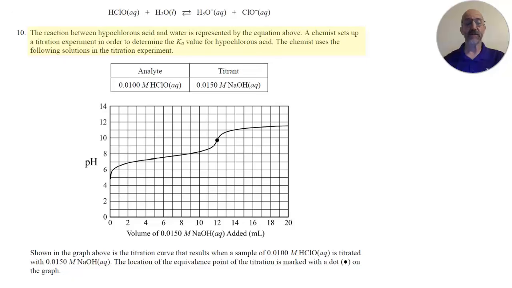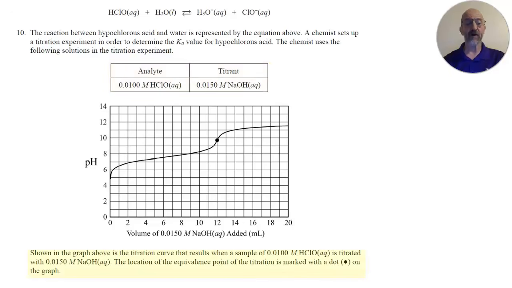The chemist uses the following solutions in the titration experiment. So the analyte, the solution that would be in the flask below the burette, is 0.0100 molar hypochlorous acid. The titrant, the solution that is in the burette above the flask, is 0.0150 molar sodium hydroxide.